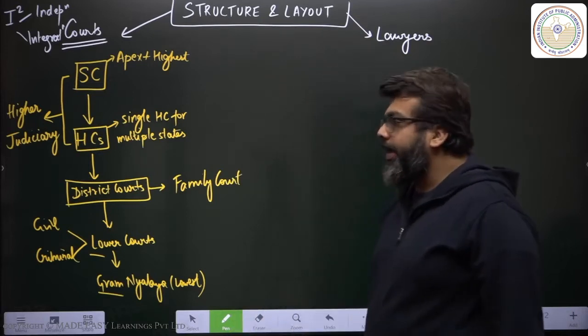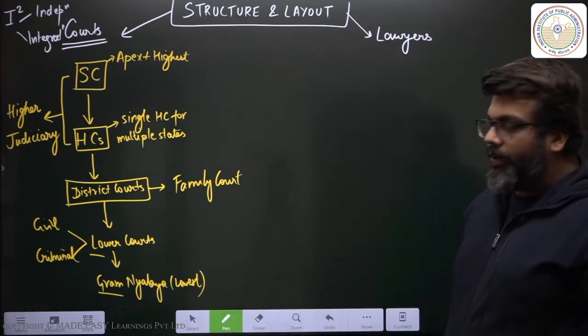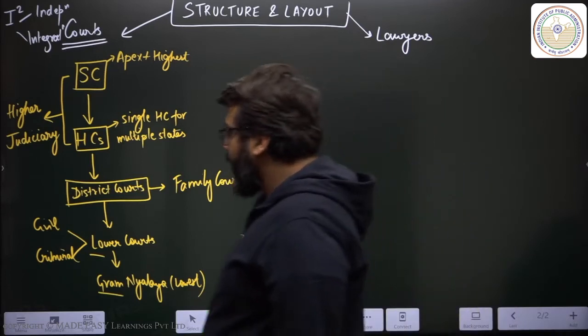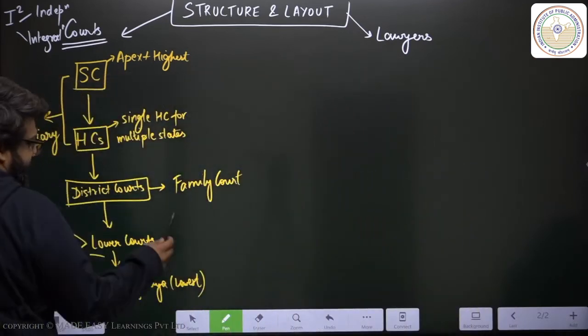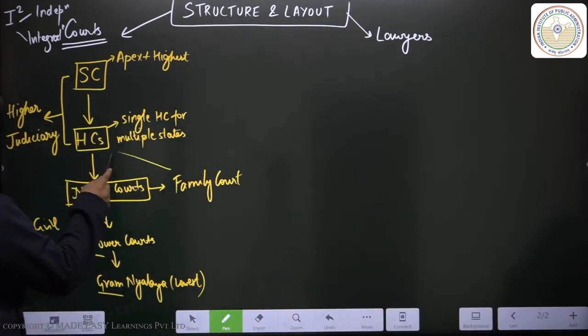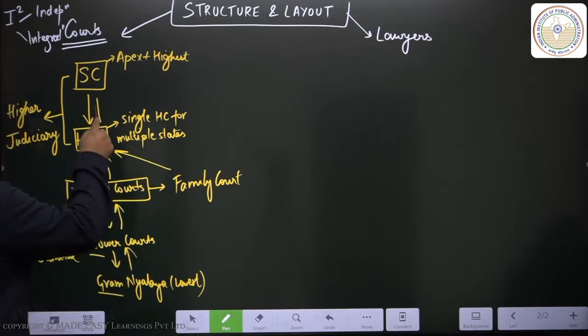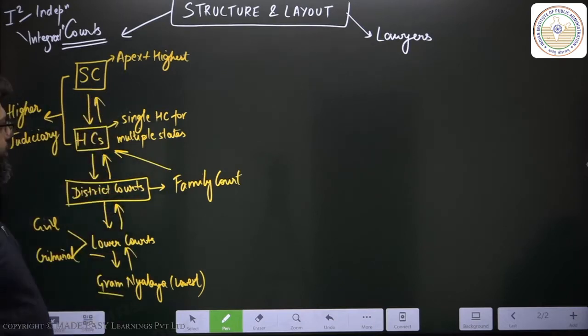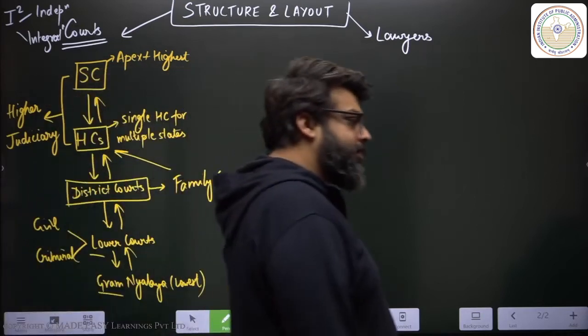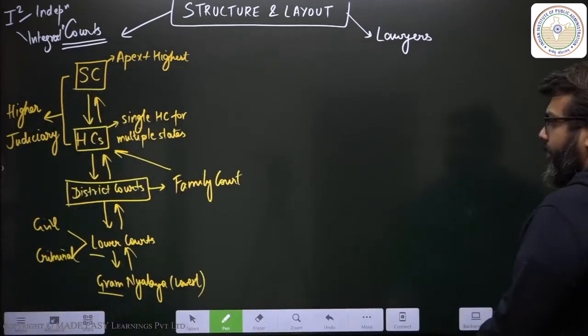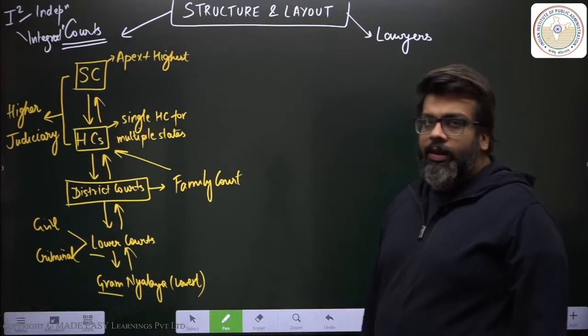Now, this means appeals from the family court will go to the high court, and appeals from the district court will also go to the high court, and appeals from the high court eventually go to the Supreme Court, right? So these are your formal institutional mechanisms.